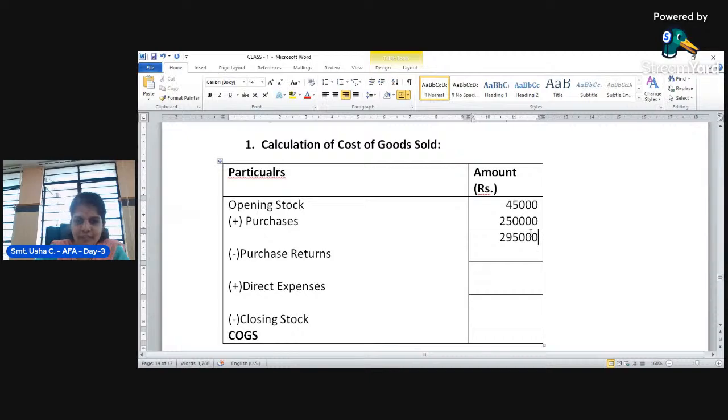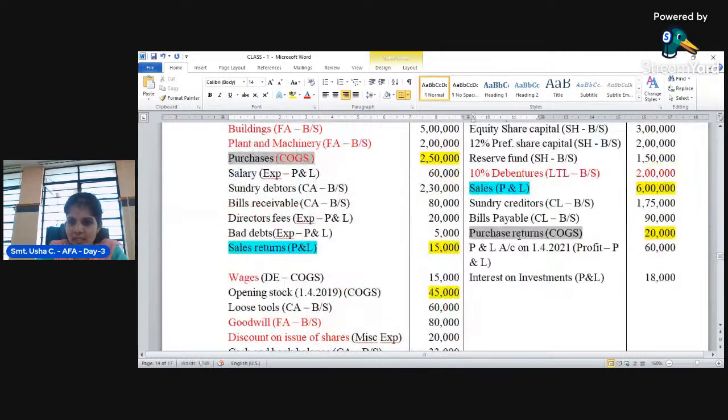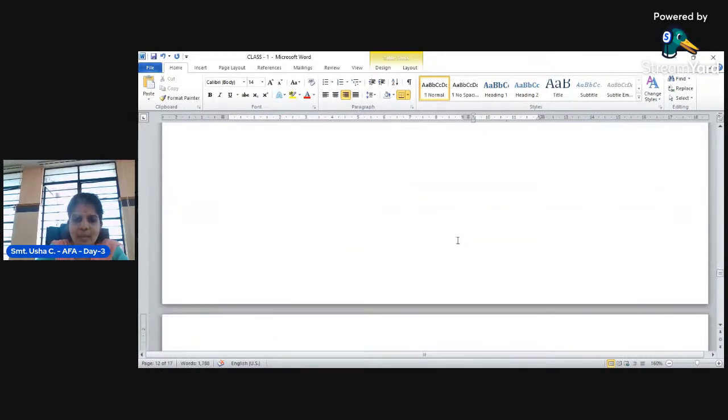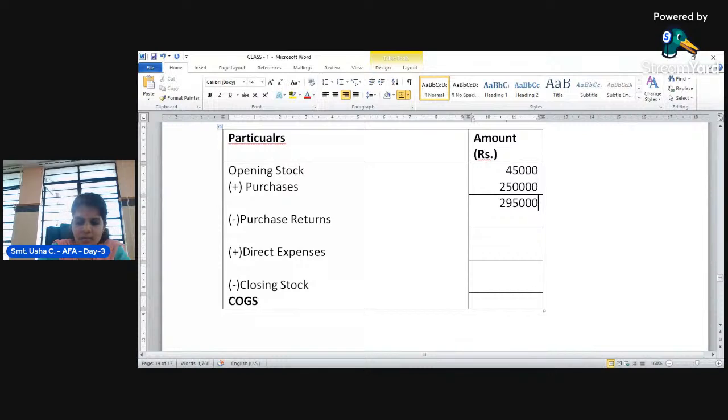Then from that you need to deduct purchase return of 20,000. The balance what you get is 2,75,000, to which we need to add direct expenses.